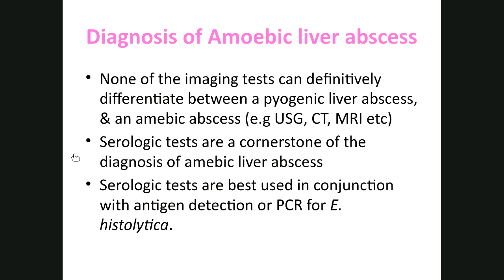So what you do is put a needle into this abscess in the liver and draw a small amount of fluid. In case of pyogenic liver abscess, you will find gross pus.